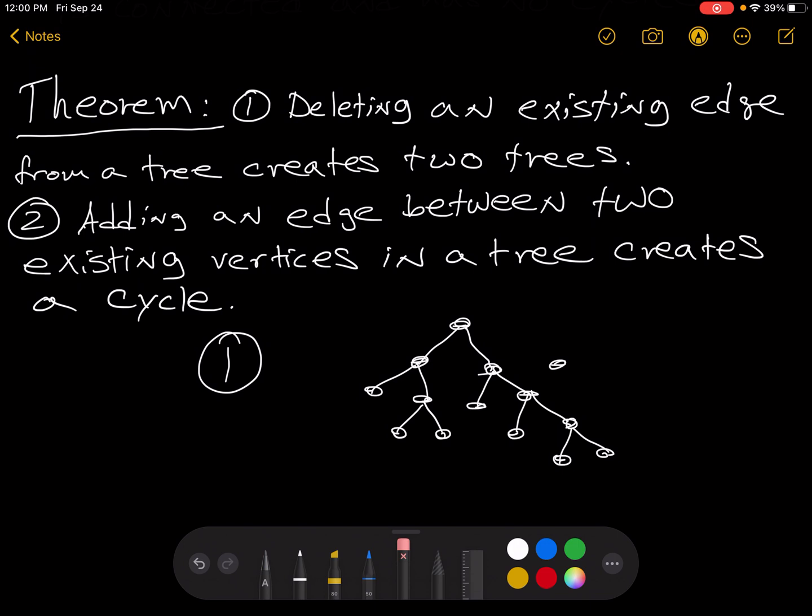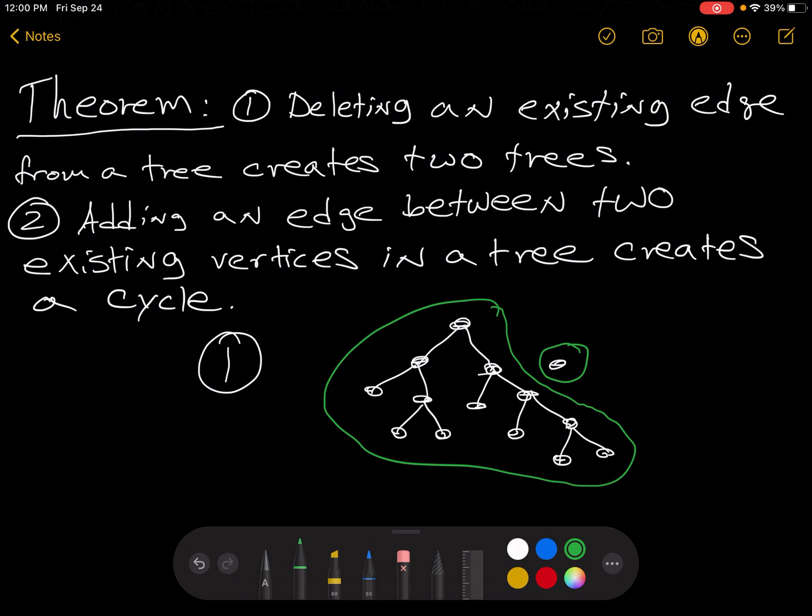So this single vertex right here is connected, and does it have any cycles? No, it doesn't, so it fits the definition of being a tree. So we deleted that edge and we got two trees: a single vertex, which is a tree, and that tree.